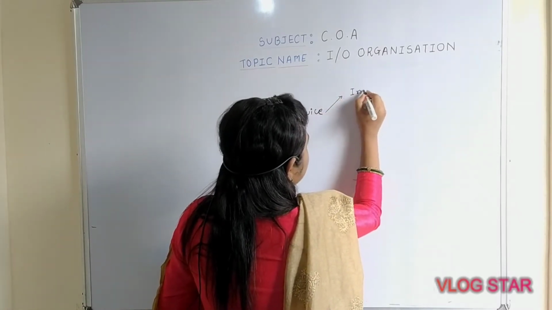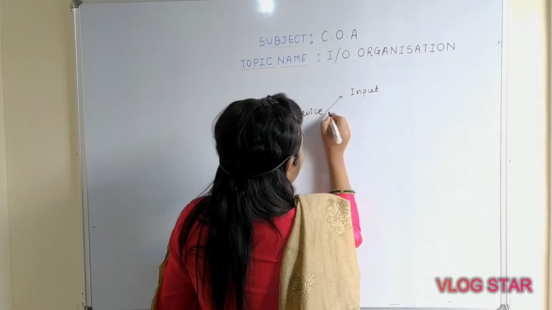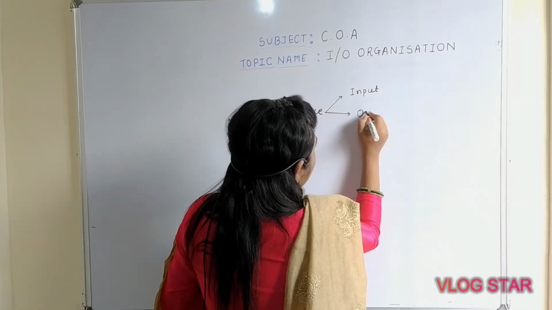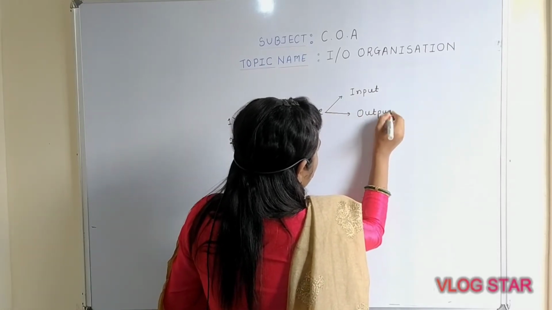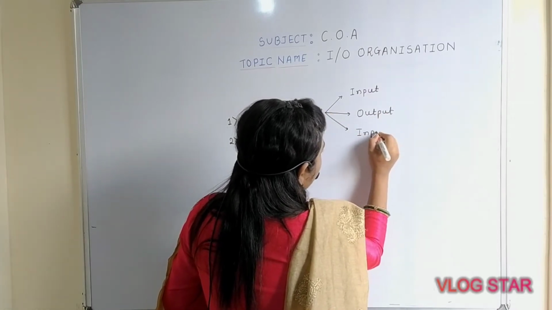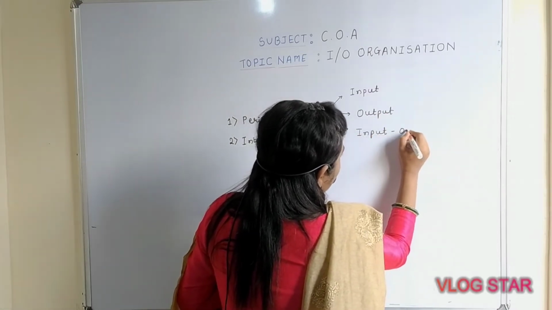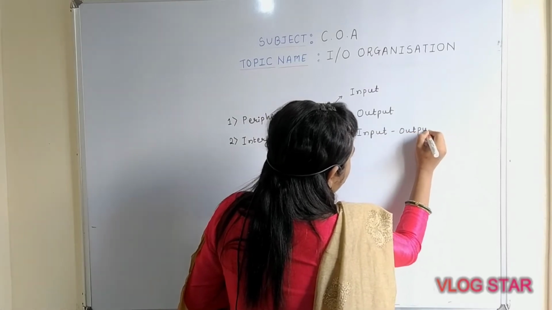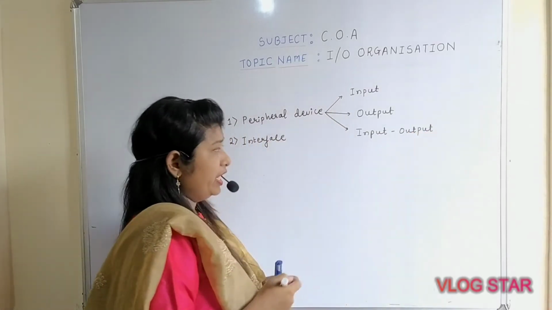It is called input peripheral. The second one is output peripheral and the third one is input output peripheral. I hope you have understood three different types related to peripheral device.